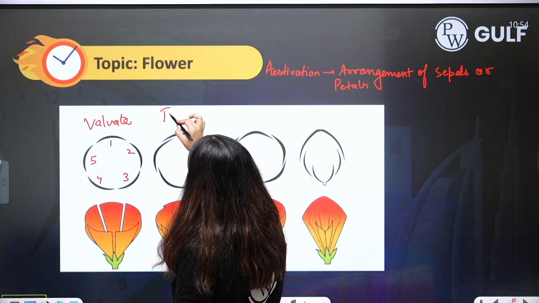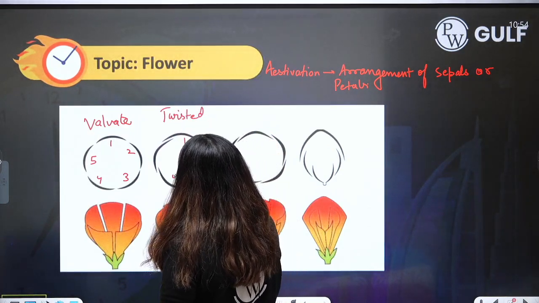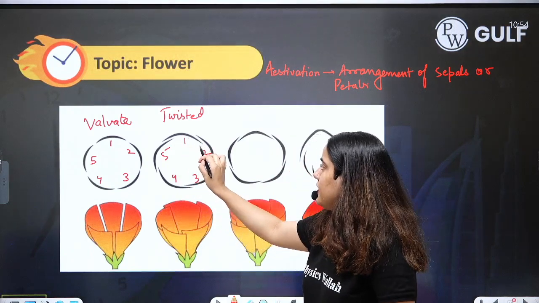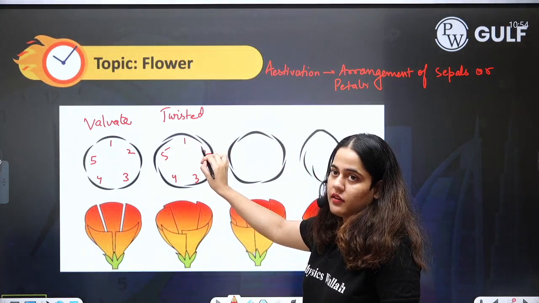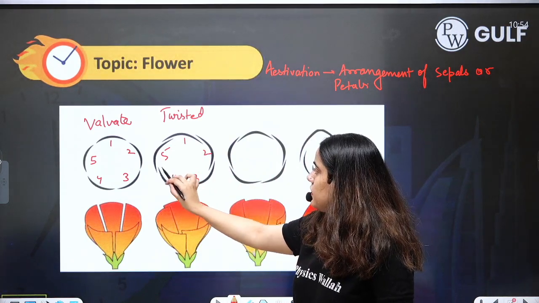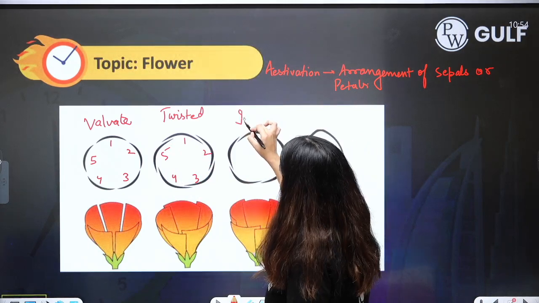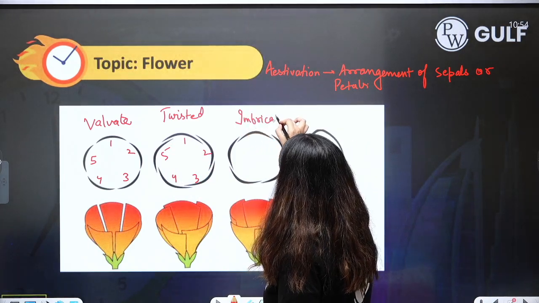This is known as twisted estivation, where you can see the sepal or petal, their one end is overlapped. This is imbricate.